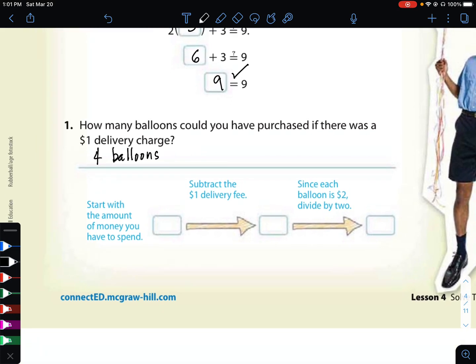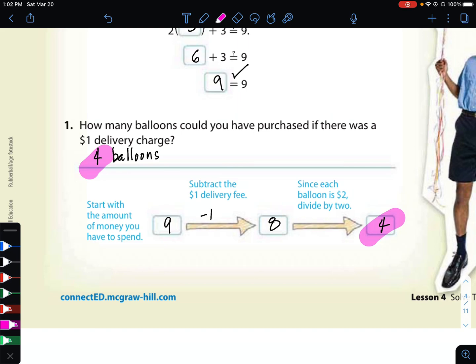So if you work it backwards, you end up with 4 balloons. Again, we start with $9 here. Subtract the delivery fee of $1. So minus 1, that's 8. Divide by 2, and that's how you got your 4 balloons right there.